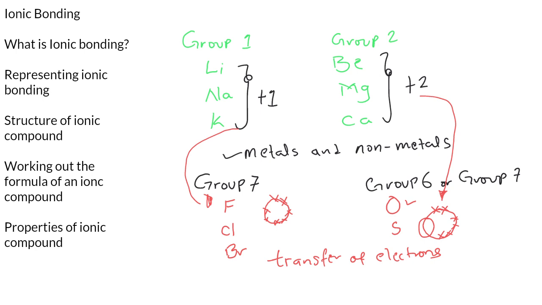So now you have a good understanding of the definition. I will just recap: when metals react with non-metals, electrons are transferred from the metal atoms to the non-metal atoms. The metal atoms lose electrons to become positively charged.